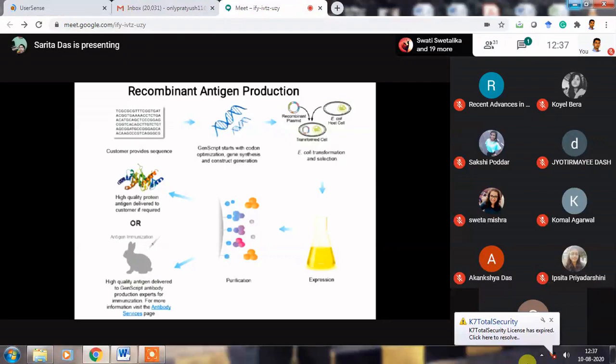Once we know the sequence, we can design the forward and reverse primers, then amplify it, isolate and purify it, and put it in the E. coli system, then grow it on a large scale and express the protein. The protein can be purified using affinity chromatography. Once your protein antigen is available in pure form, it is ready to be used.